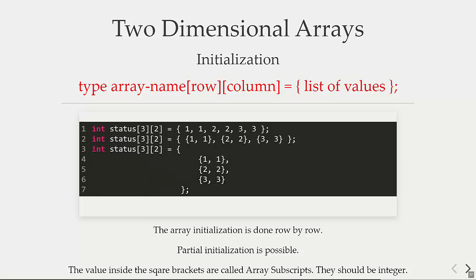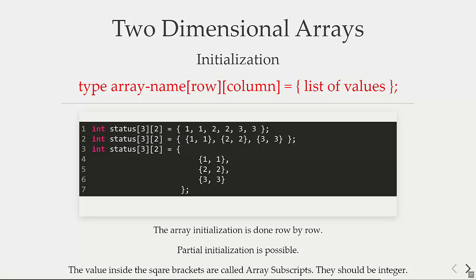because that is a bit more intuitive to identify which part of the array is going where. For example, in this particular case, in the first example, all the elements are given in one sequence in one go, right?